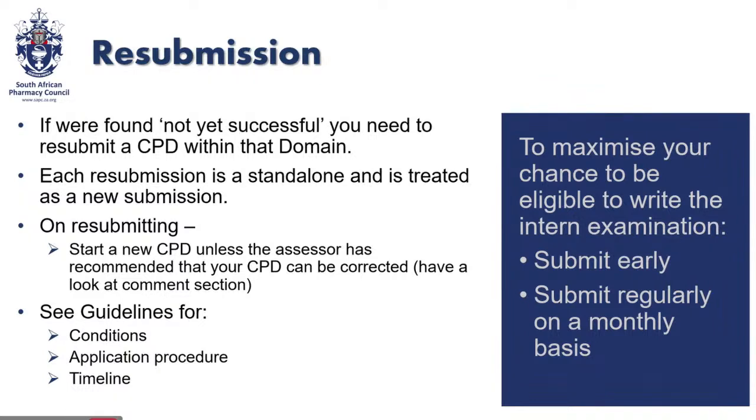So rather remove the evidence that is on there. Don't leave the evidence there and just add evidence, because then your incorrect evidence is still there. So it's best to start with a new CPD unless the assessor has recommended that you can correct or fix the CPD.